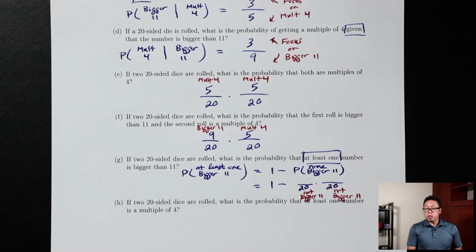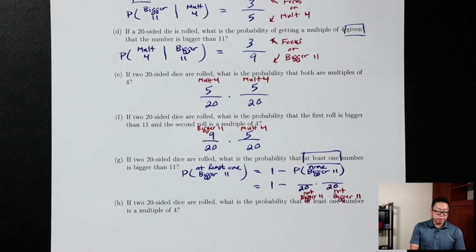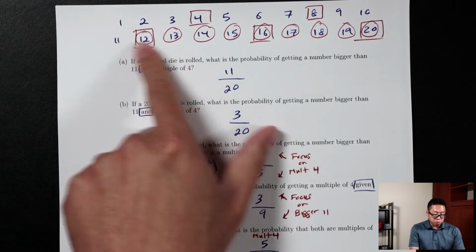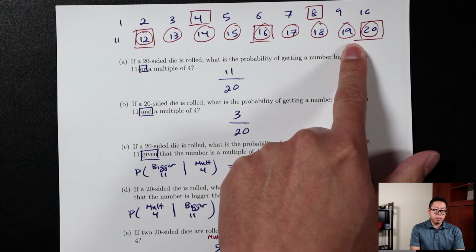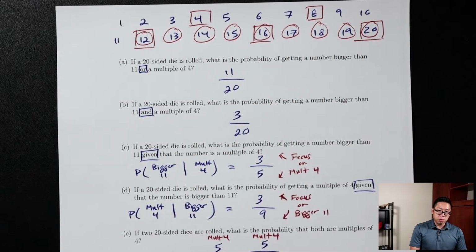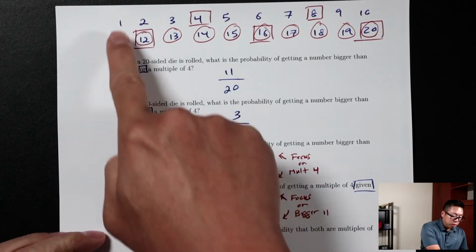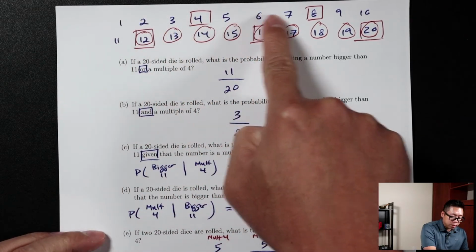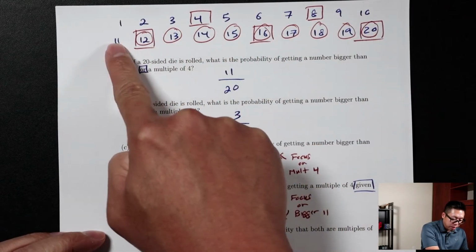For the top, I want the numbers that are not bigger than 11. Bigger than 11 are the circles, so what are not circled? Not circled would be 1, 2, 3, 4, 5, 6, 7, 8, 9, 10, 11.